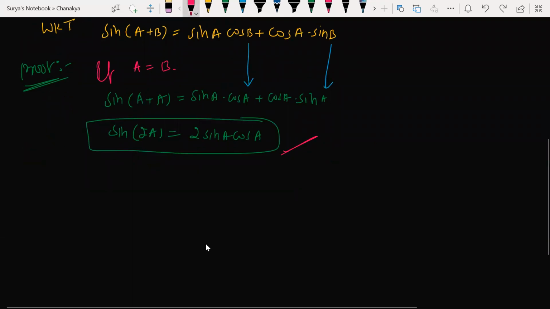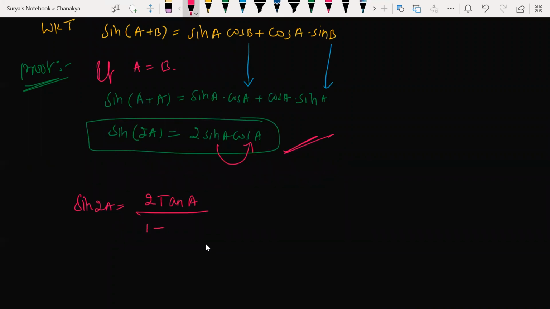We got the sin 2A formula in terms of sin and cos. But this is one formula. Another formula for sin 2A is this one, in terms of sin A and cos A. Sin 2A can also be written as 2 tan A divided by 1 plus tan square A. This is also a sin 2A formula, in terms of the tan function.